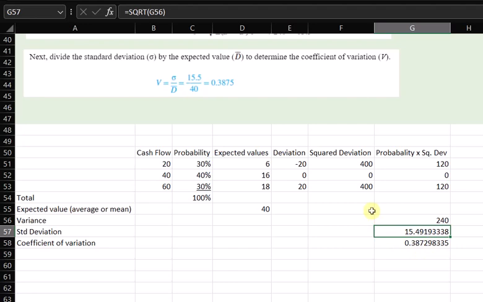The standard deviation is simply the square root of the variance. So the probability times the squared deviation gives us the variance, and then we have to take the square root of it. Now, again, Excel gives us a couple options.